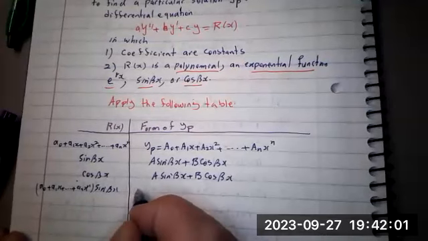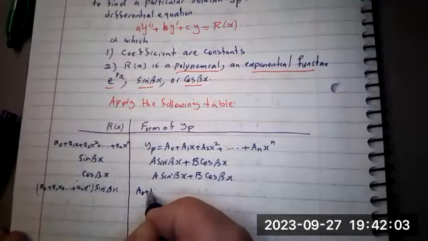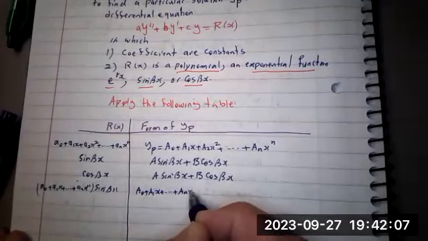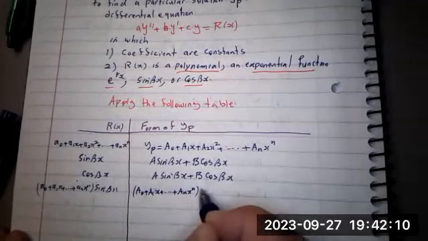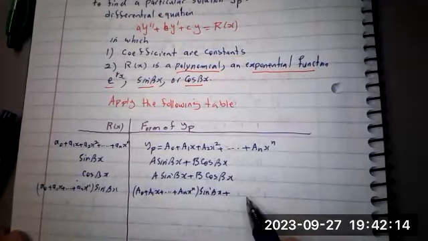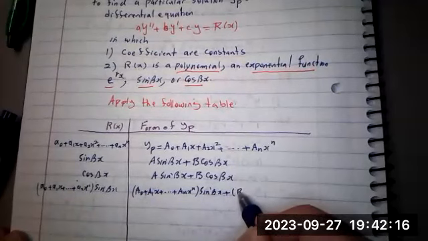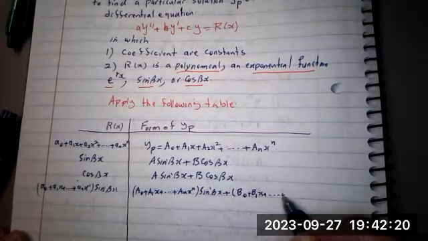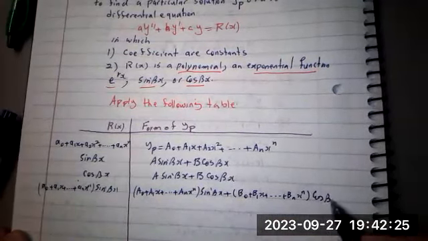You have to get a polynomial a0, a1x, up to an x to the n times the sine of the beta x, and then you have another combination for the cosine. So you have something like b0, b1x, up to bn x to the n, cosine of the beta x.